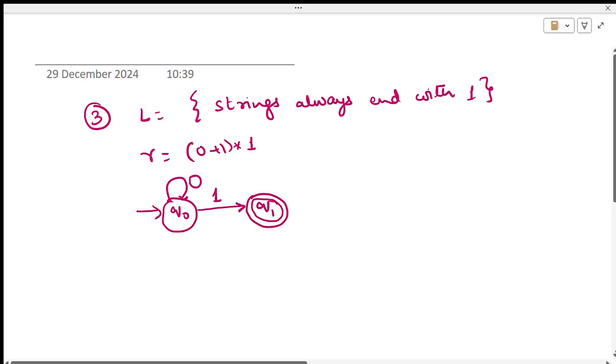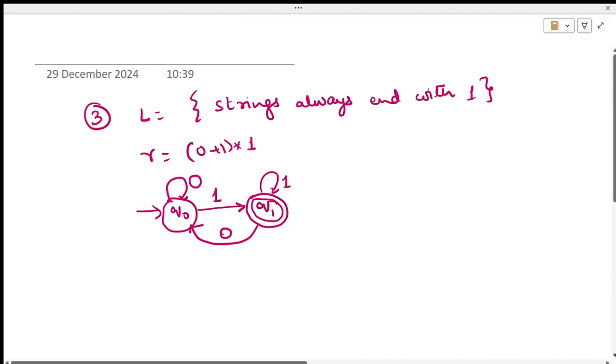After 1, we can have any number of ones as it is ending with a 1. But what will happen if it reads a 0? If Q1 reads a 0, go back to state Q0. So this is the example of a deterministic finite automaton for the given language.